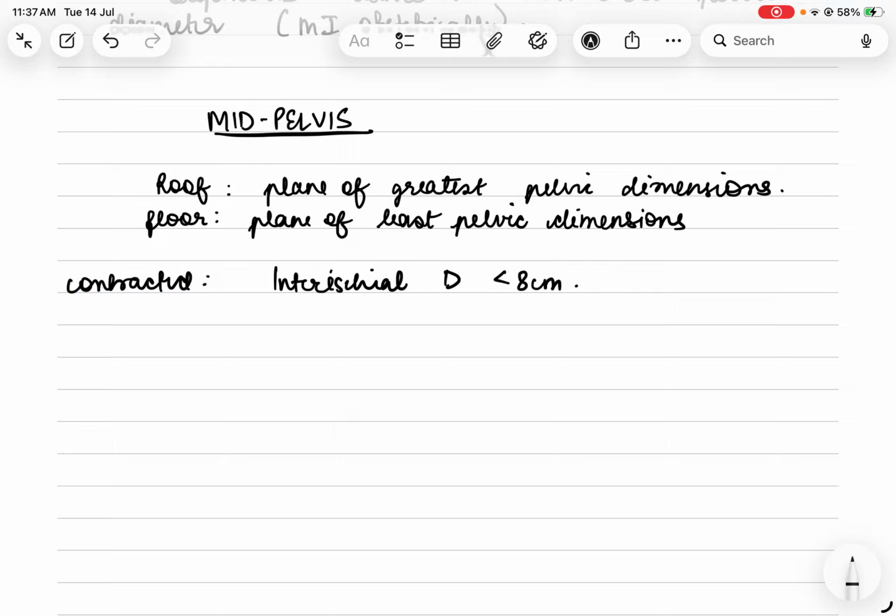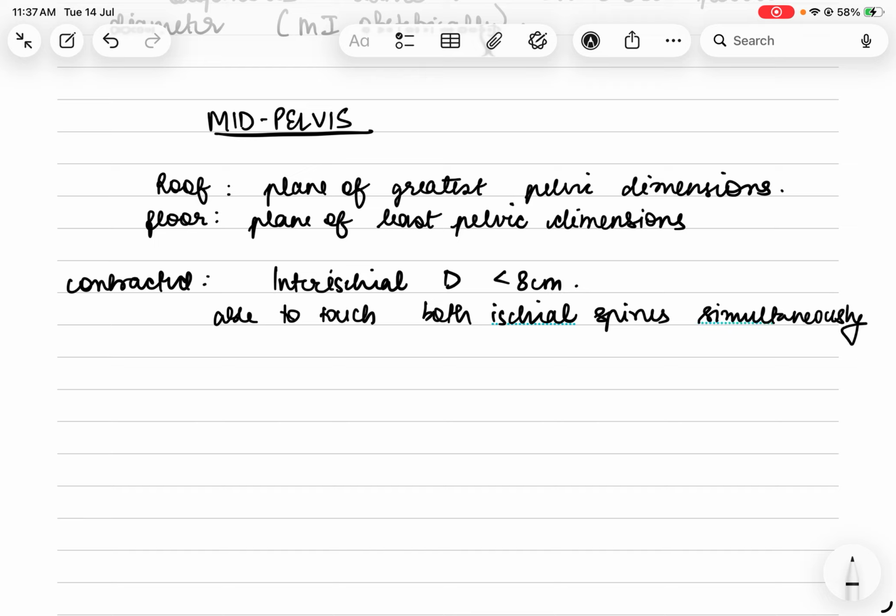You are able to touch both ischial spines simultaneously with fingers of the same hand.